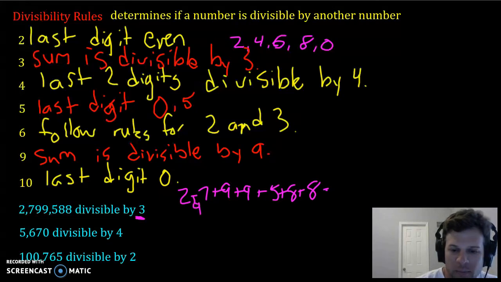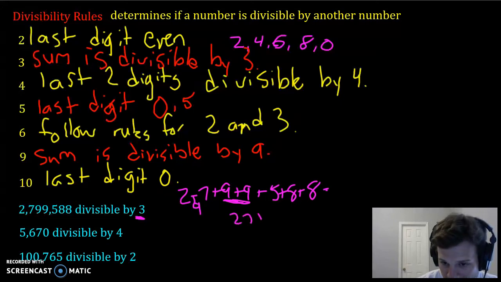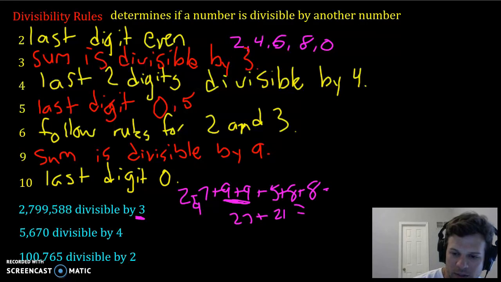This 9 plus these 2 9s gives us 27. 5 and 8 is 13, plus 8 is 21. Remember, you can add any digits in any order, so it does not matter. If you want to start combining these 8s and 9s together to reduce, that's fine. 27 and 21 give you 48.